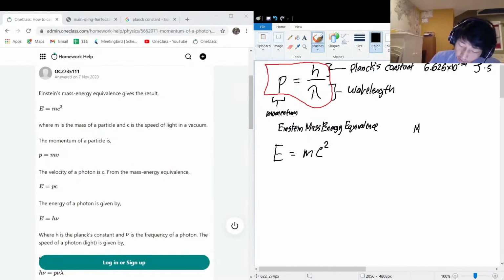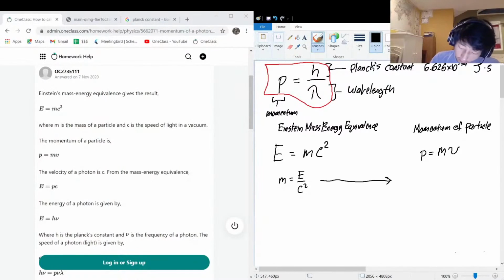And then we have momentum of a particle, which is just P equals mass times velocity. If we were to isolate mass out of here, we would have mass equals energy over c squared.